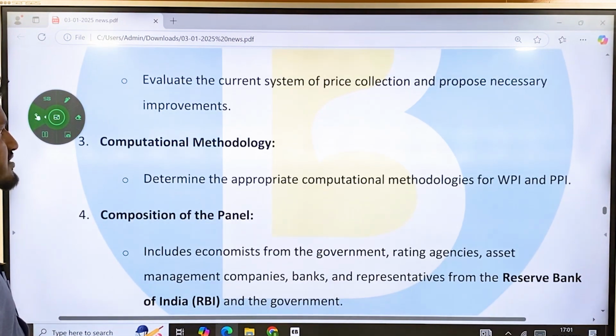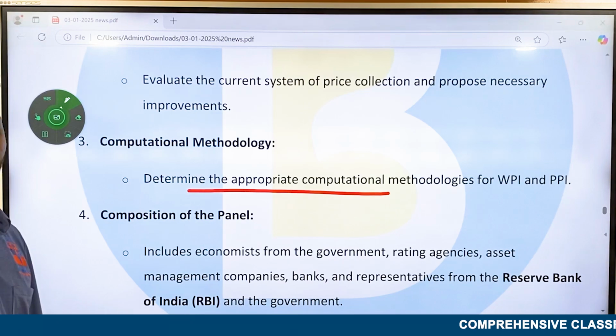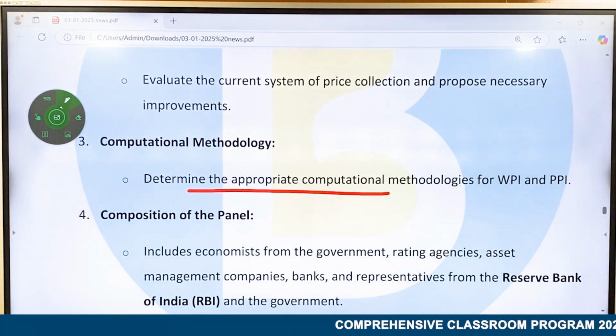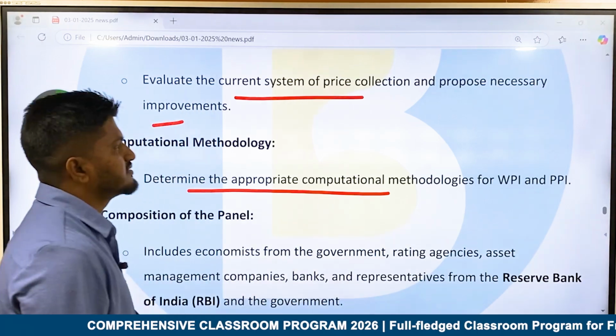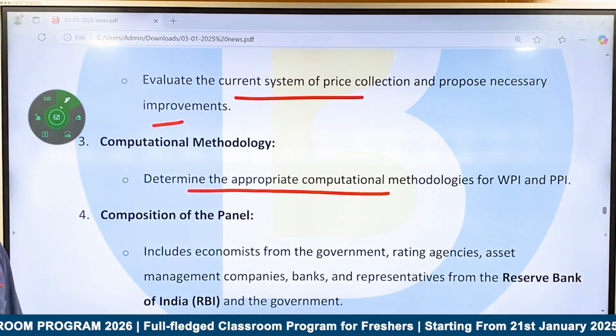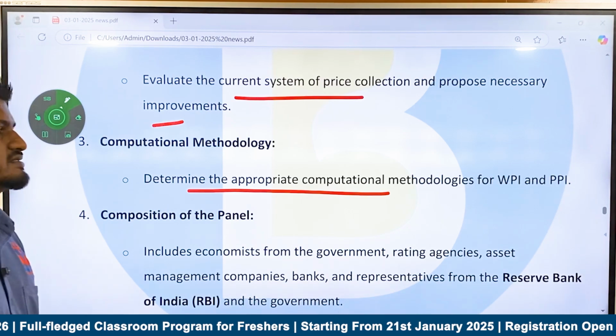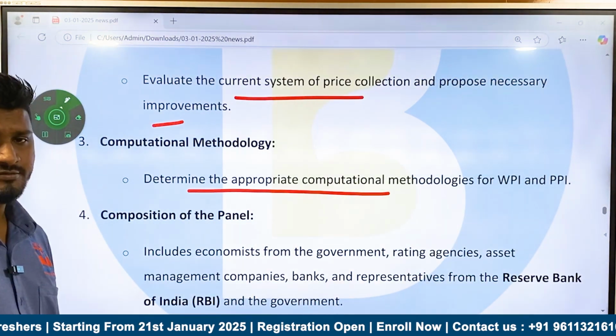Third, computational methodology: determine the appropriate computational methodologies for WPI and PPI, and change the methodology so that there are fewer errors in the computation of WPI and PPI.